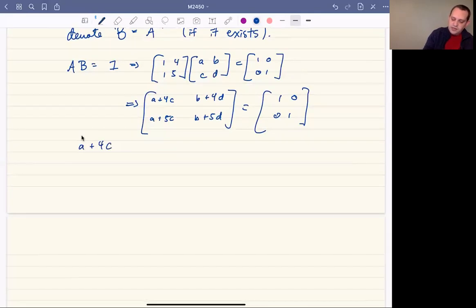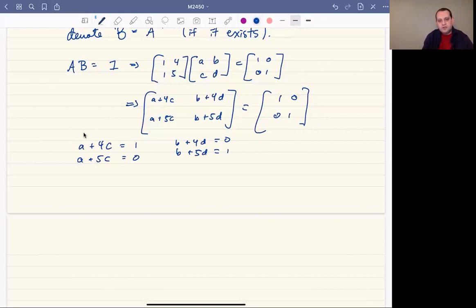You have an equation in a and c: a plus 4c is 1, a plus 5c is 0. And in b and d: b plus 4d is 0, b plus 5d is 1. So let's solve each of these systems, and you can do this whatever way you like.